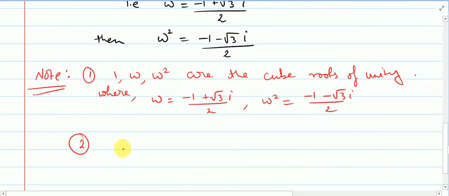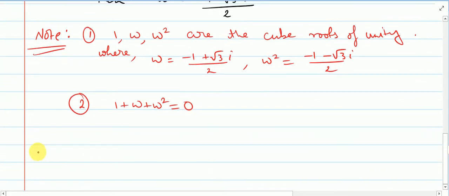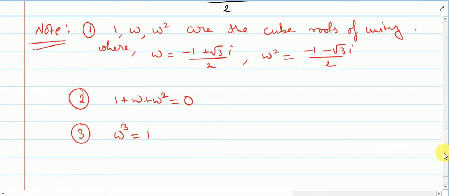Number 2, 1 plus omega plus omega square is always 0. Number 3, omega cube is 1.